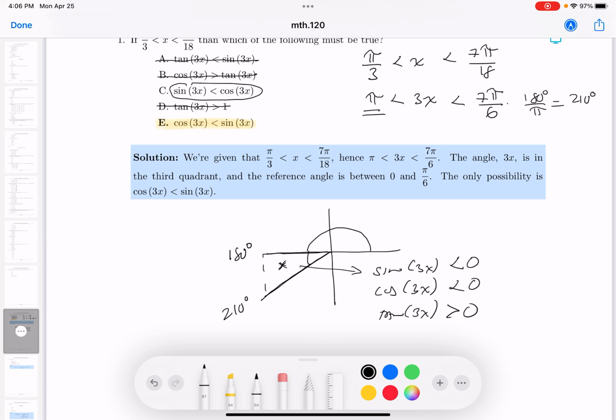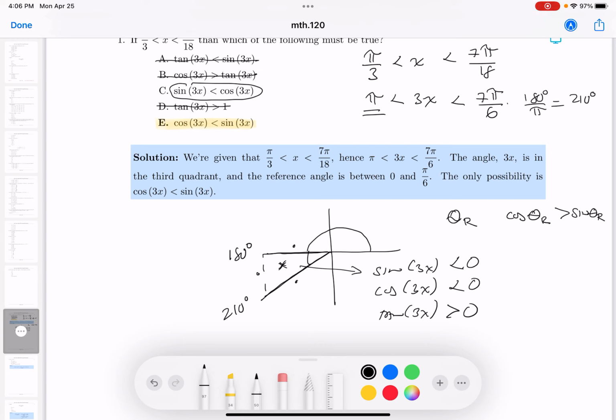You've got this side, and this side. And again, we're just talking about the reference now. Looking at the reference, it looks like the cosine of the reference angle would be bigger than the sine of the reference angle. All right, so the cosine would be bigger than the sine of the reference angle.